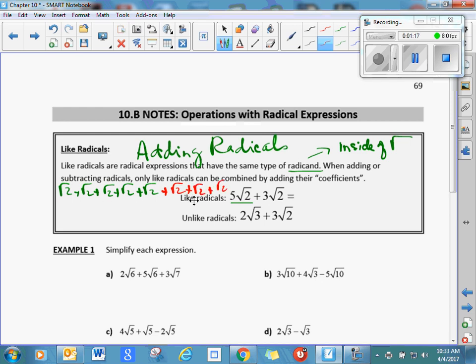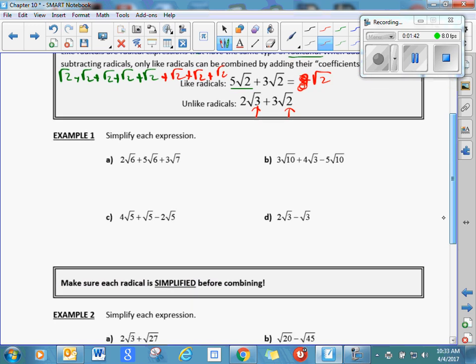The radicands are exactly alike, and so we can combine them, and we have 8 radical 2's. Here's an example of ones that you can't combine. You can't say you have 5 of anything because these radicands are different. So we're going to use that idea and work a few of these problems down here.